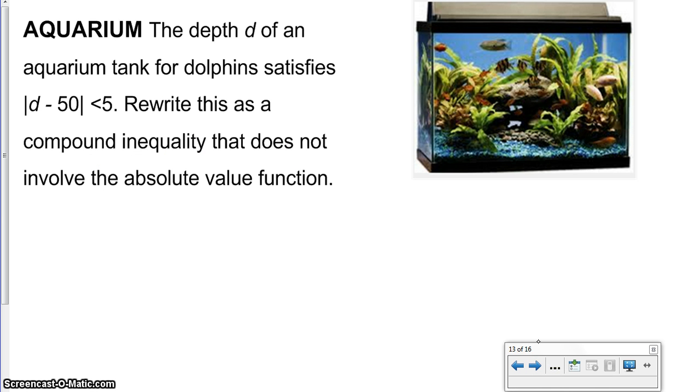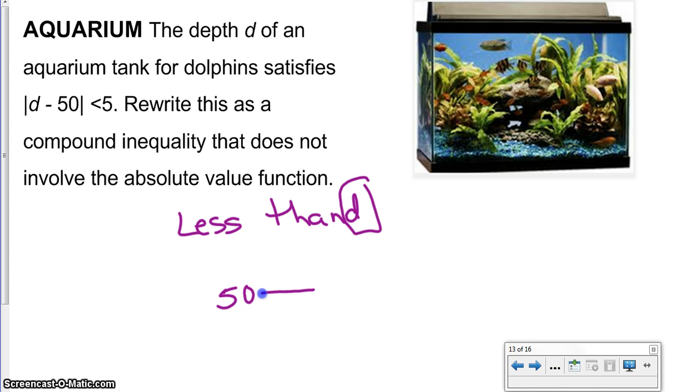What about this? The depth D of an aquarium tank from dolphins satisfies the absolute value D minus 50 has to be less than 5. Rewrite this as a compound inequality that does not involve the absolute value function. Miss Rose. Less than. Well, here's 50, and it has to be less than 5.